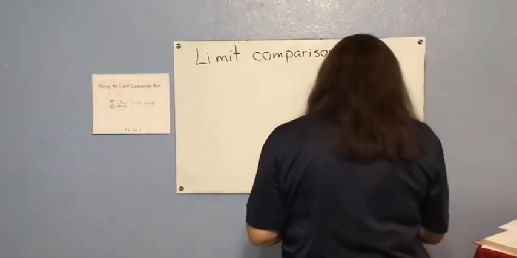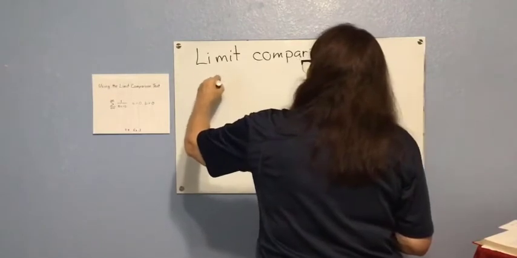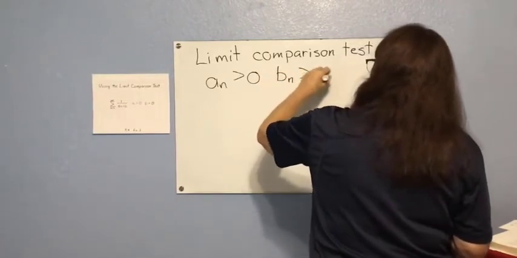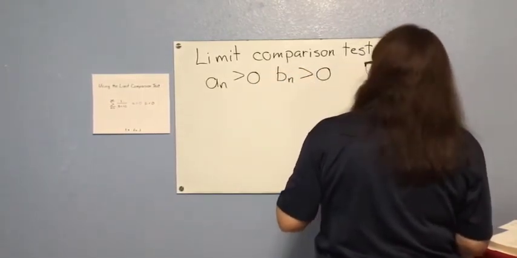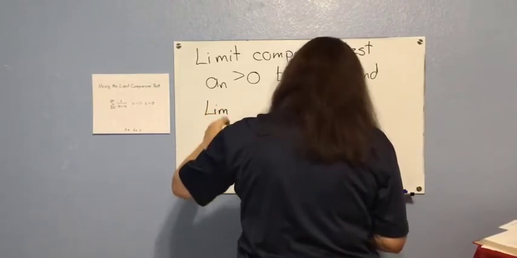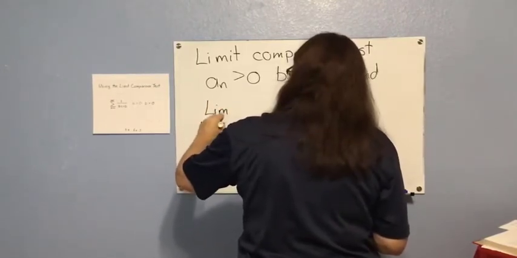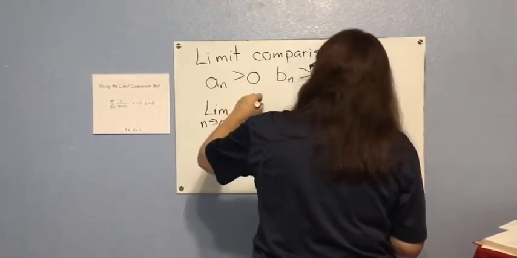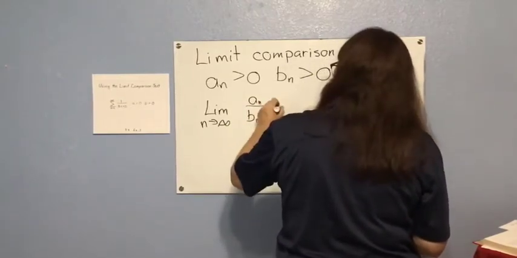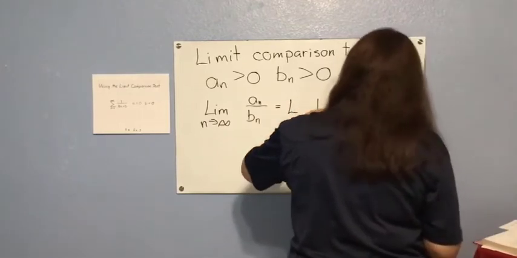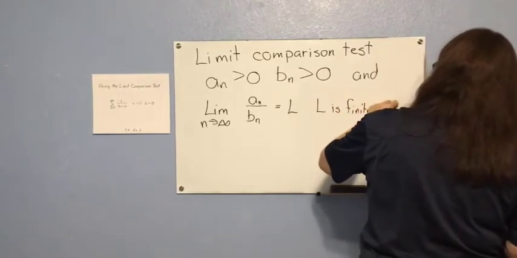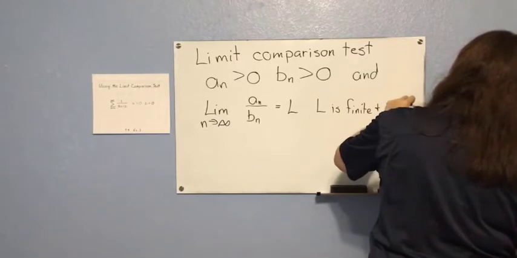Okay, this test tells me that if I have a sub n that's positive and b sub n that's also positive, and the limit as n goes to infinity of a sub n over b sub n is equal to some number L, where L is finite and positive.